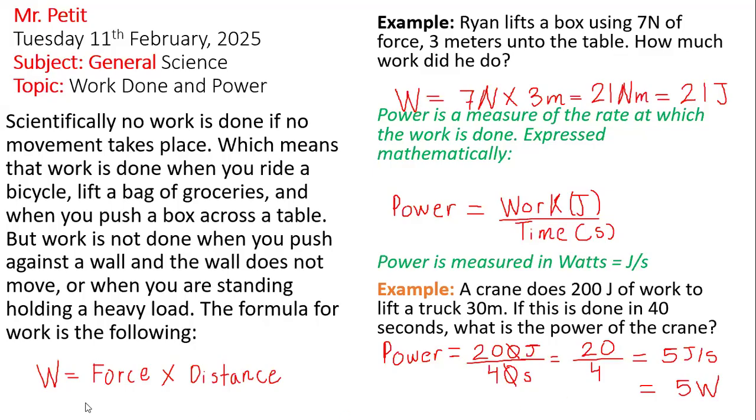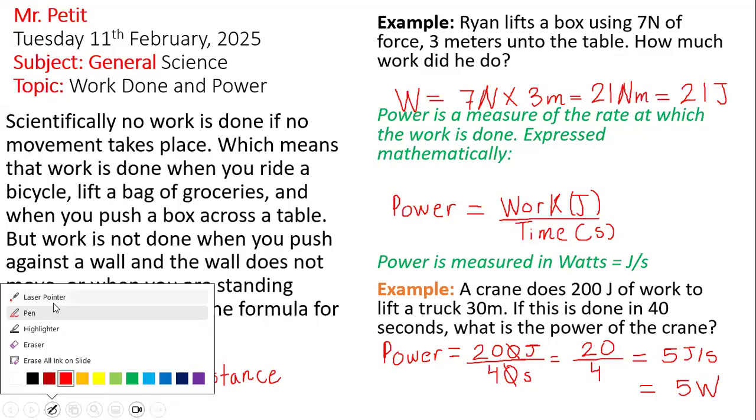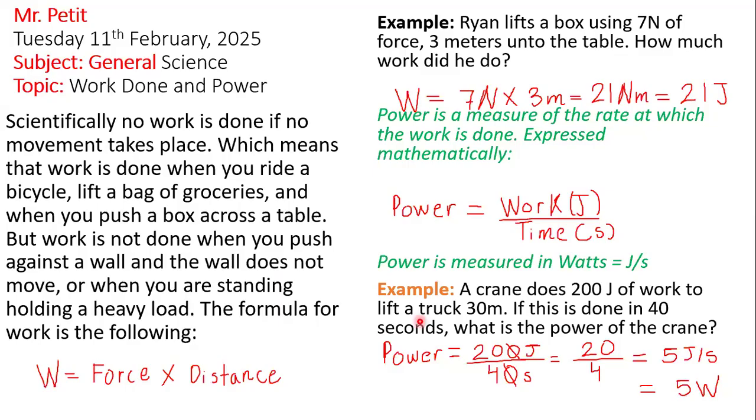No, sir? No? Yeah. So what is the formula for power? Work over time. Joules over time. Work over time, right? In this question, what is work?